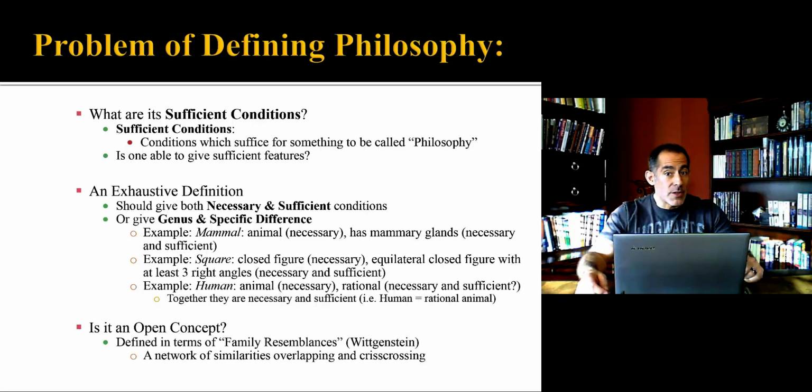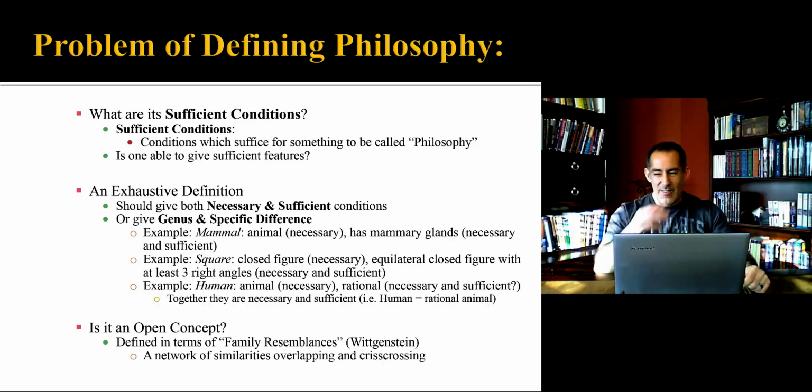Because there are other geometrical figures that are closed figures that are not squares, such as triangles or rectangles or even circles. Heck, an octagon. Anyways, what if we add a few things to that, like equilateral, closed figure with at least 3 right angles? That seems to be necessary to be a square, and it also seems to be sufficient. Now, I've defined it in a good enough way that I know what I'm dealing with.